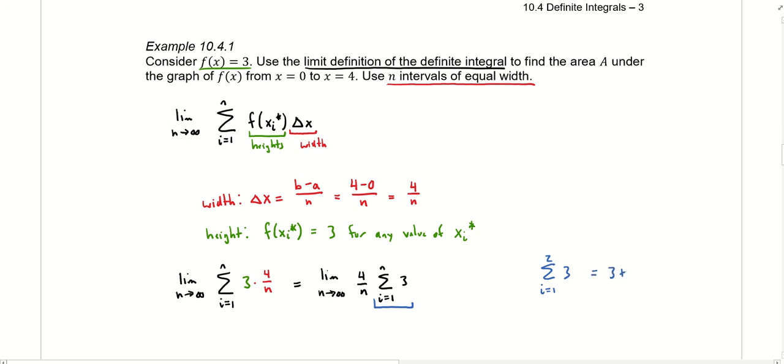So this would be 3 plus 3, or 2 times 3. If I'm summing from i equals 1 to 4, 3's, that's going to be 3 plus 3 plus 3 plus 3, which is 4 times 3.